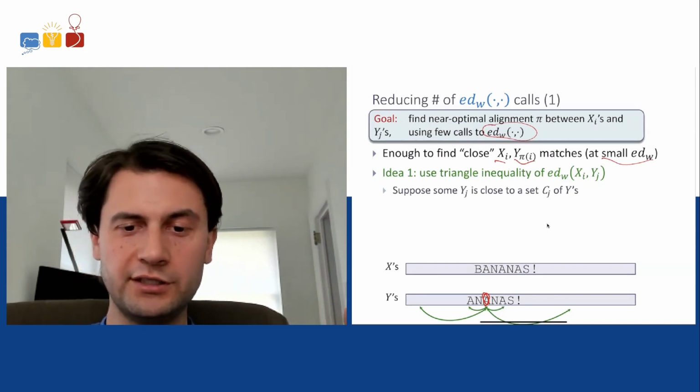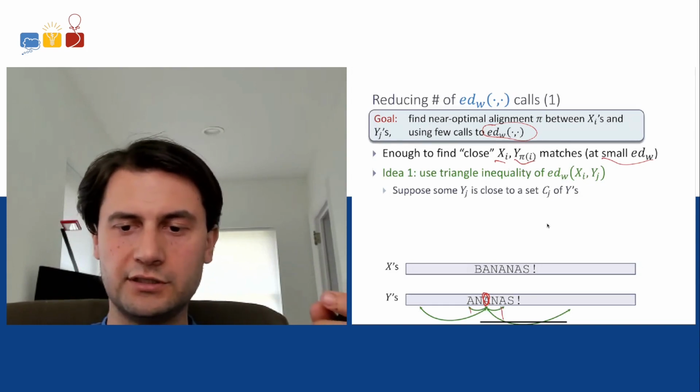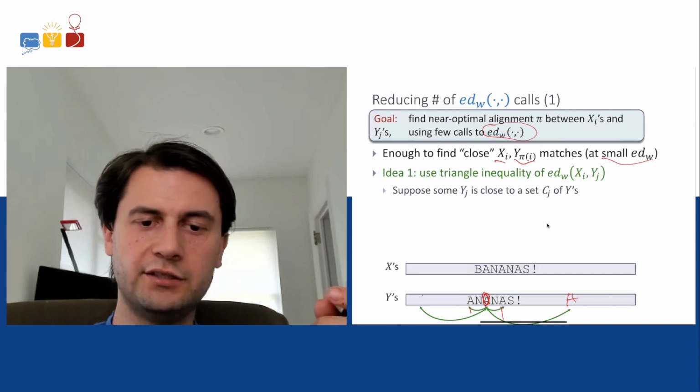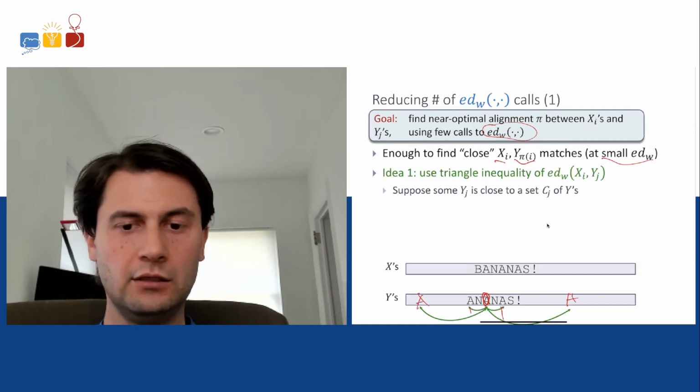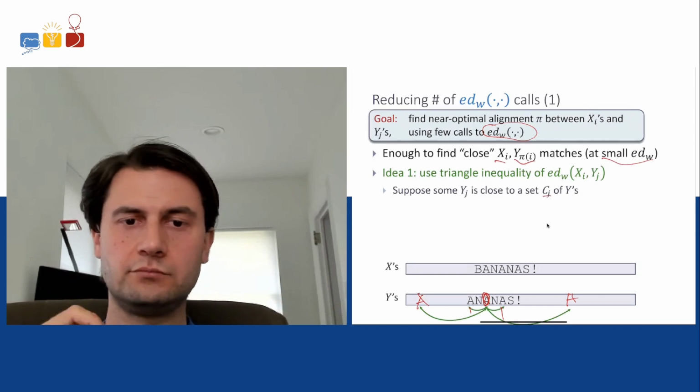In particular, it is close to this a and this a, and some other a's, and so forth. We call this set Cj.